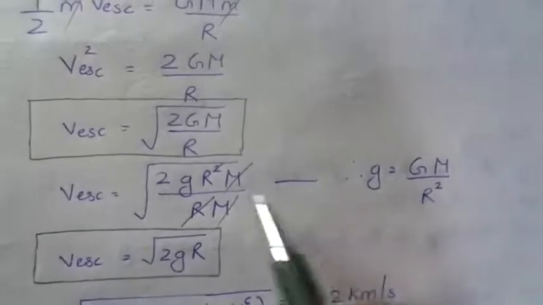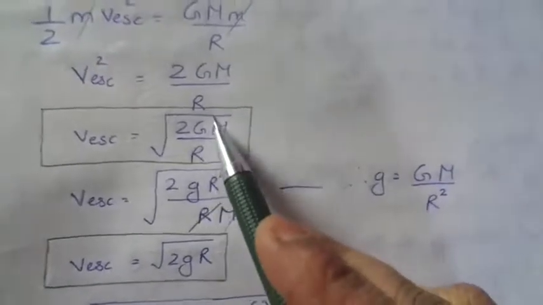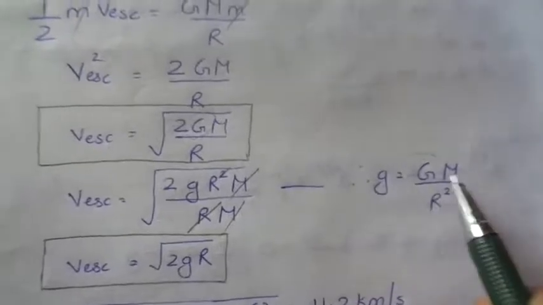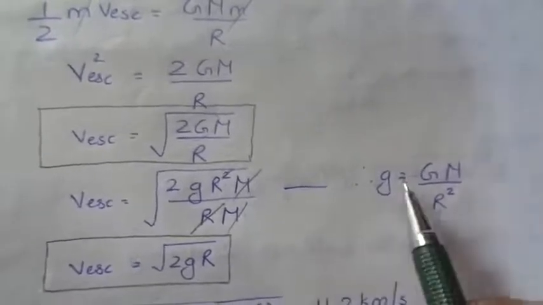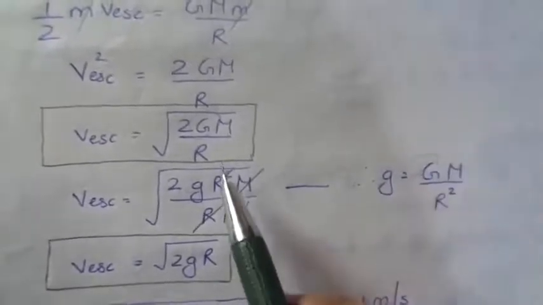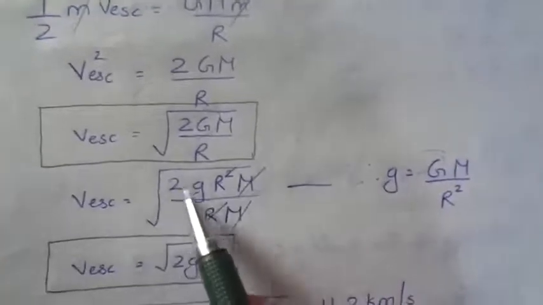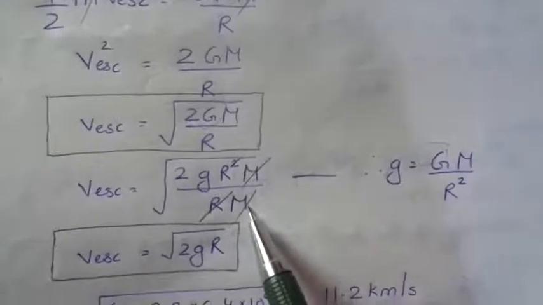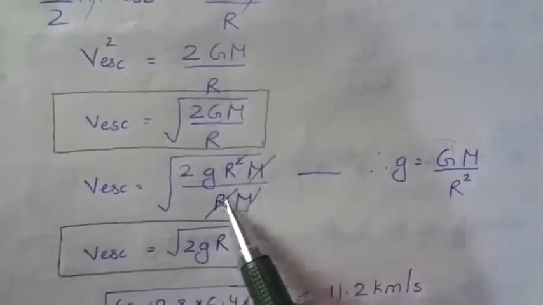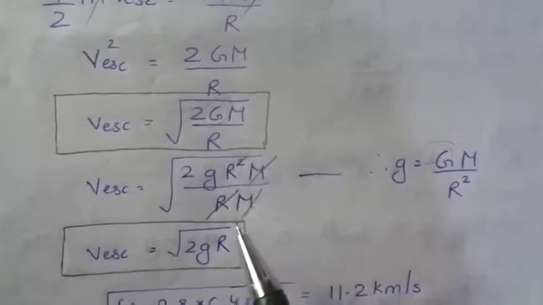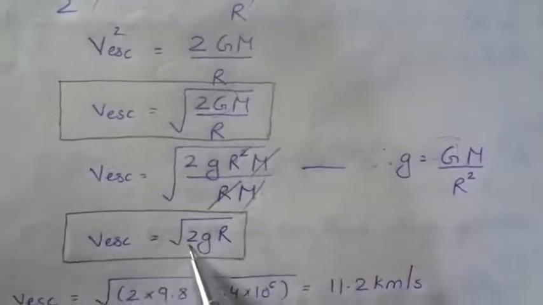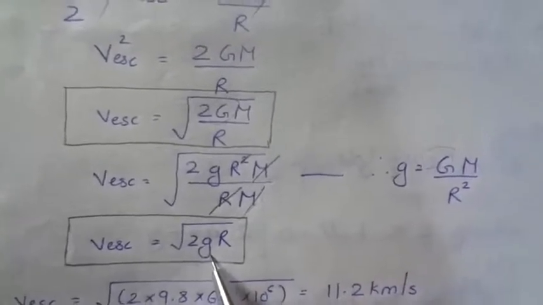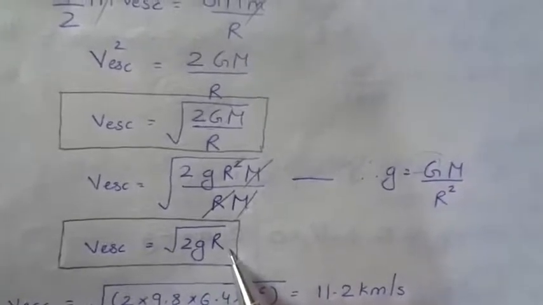So we substitute GM by g r squared in this, and we get root of 2 g r squared upon r, where r gets cancelled out. So v_escape will remain root of 2gr, where g is the acceleration due to gravity and r is the radius of the Earth.